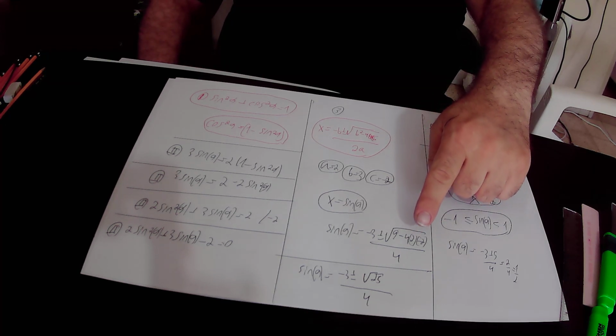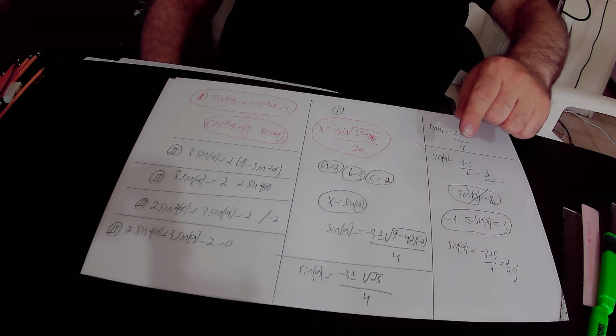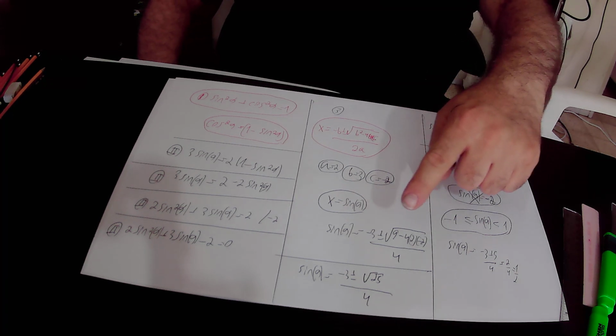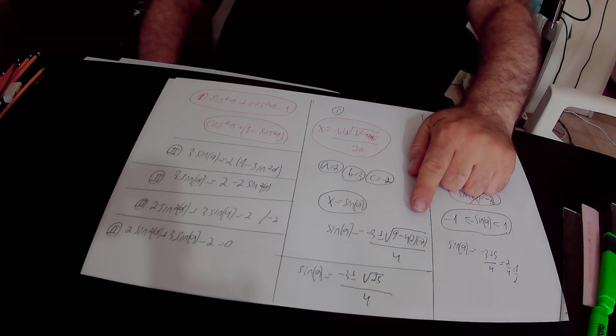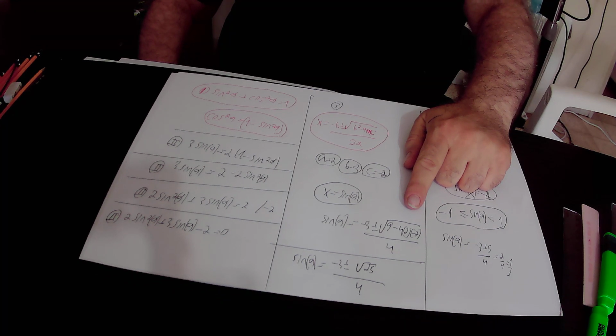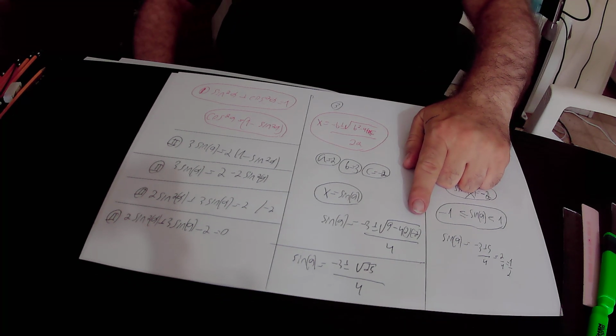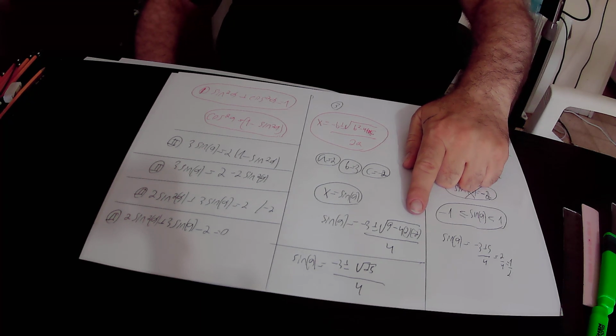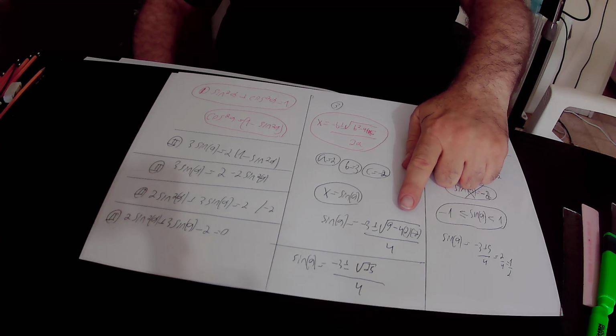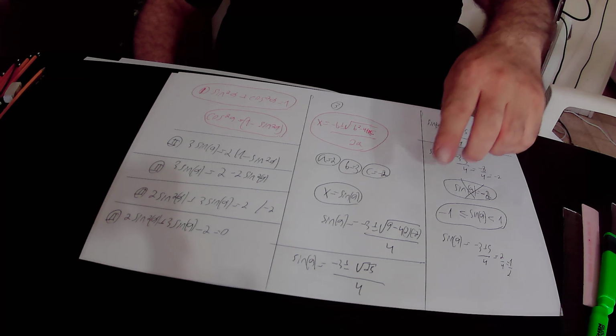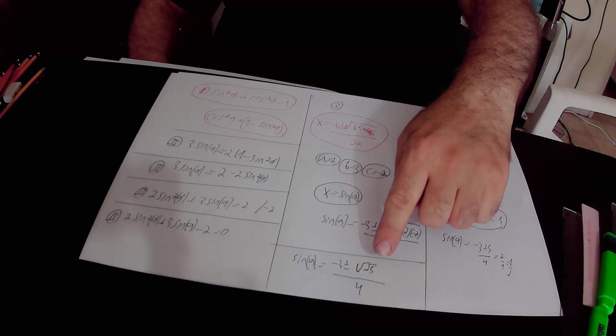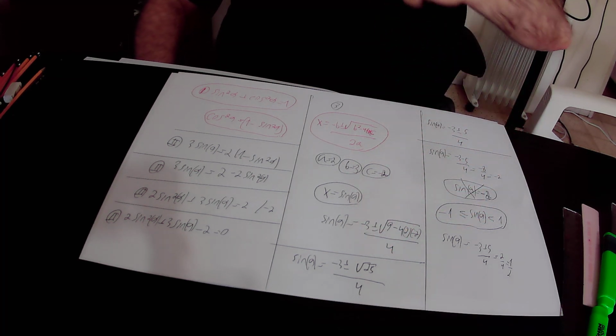A is 2, so 2 times 2 is 4. So here sine alpha equals minus 3, and inside the root we have minus 4 times minus 2 is minus 8. Minus 8 times minus 2 is plus 16. Plus 16 plus 9 is plus 25. So inside the root what is left is only 25.